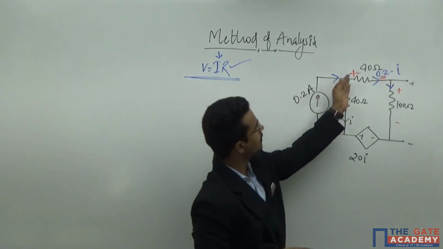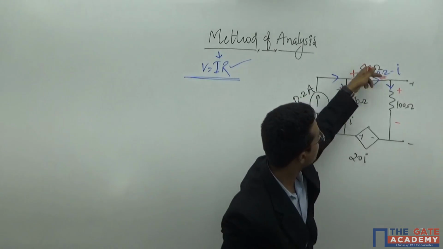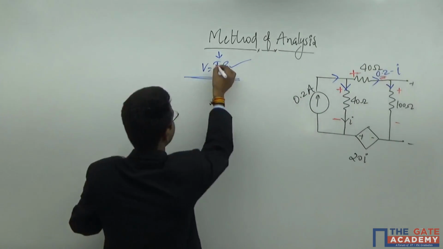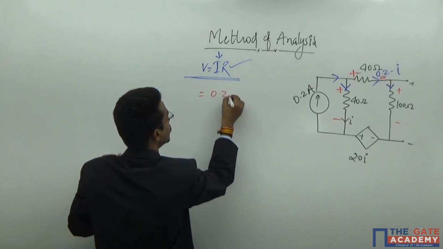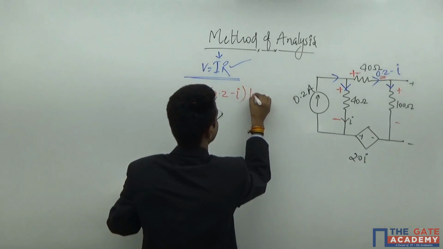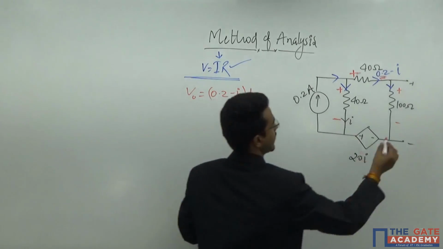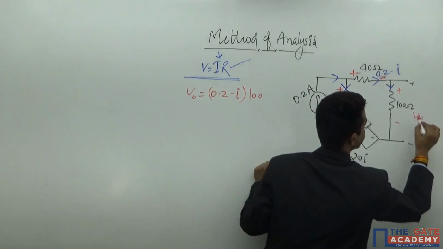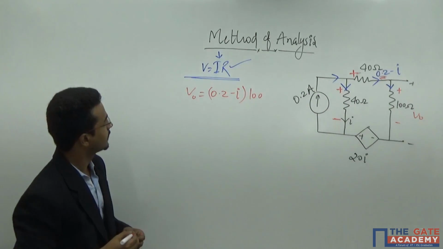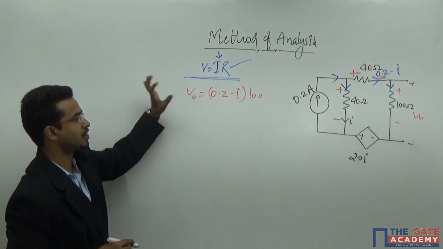Now I will write down the mesh equation here. And what is this current? 0.2 minus I. That means this current is 0.2 minus small i, into the R value 100. This is my output V naught. If I write down the plus minus, V naught is the potential here. That means if I am able to calculate this, I can calculate the potential here.